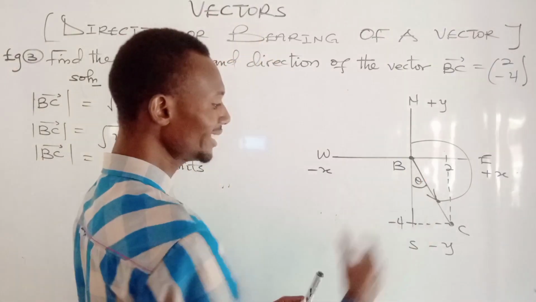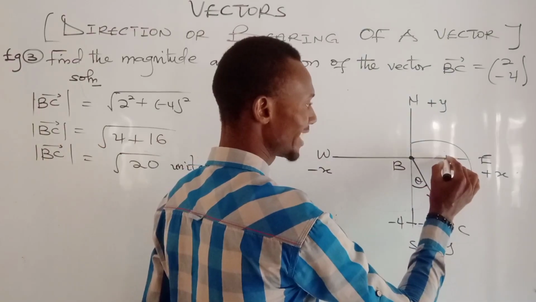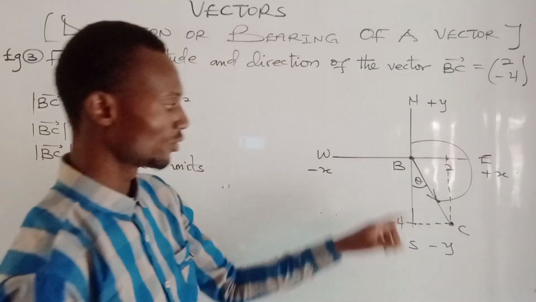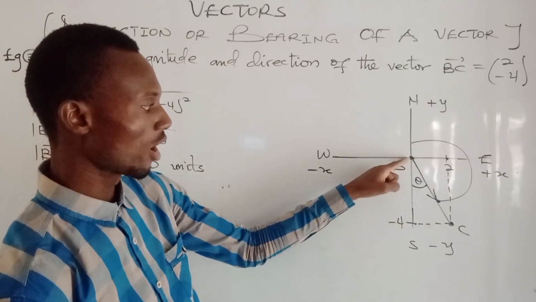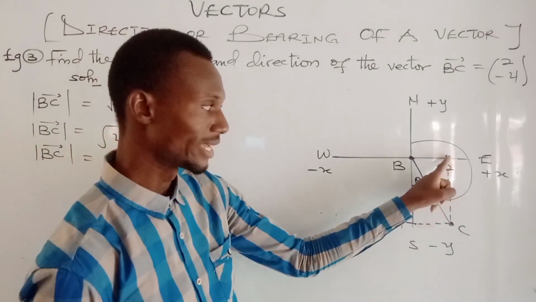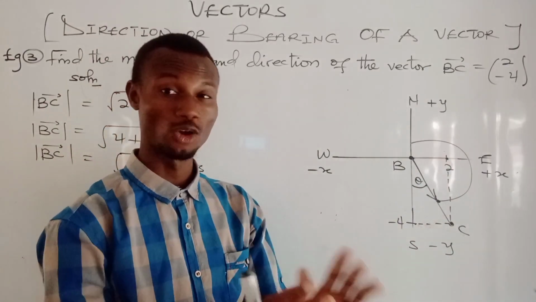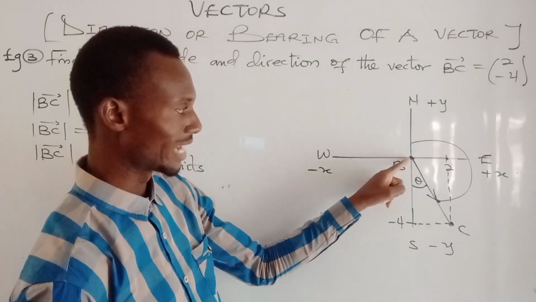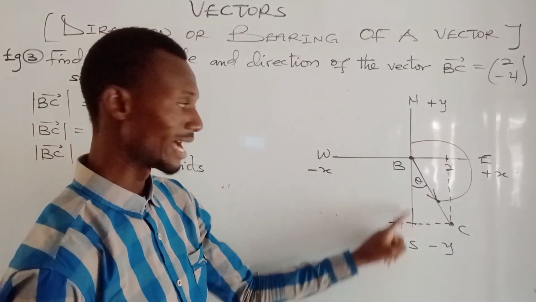Now before we go ahead, you can agree with me that from here to here is 4. Let's look at it, it's -4 instead. From the origin up to this point is -4. So it means that from here to here will also be -4. I'm just trying to let you know that the distance from the origin up to this place is -4 as I've plotted.